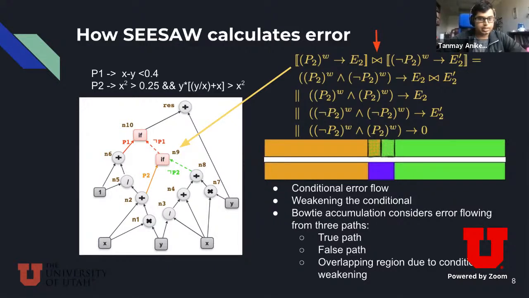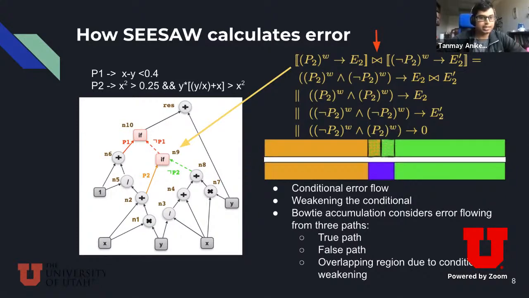Consider the two paths in the CCG created due to the predicate P2, one in orange and the other in green. The bars on the right represent the three regions. The orange one is the true region, the green one is the false region, and when you weaken the conditional, you can see that these two regions spill into each other, creating this blue region of overlap.